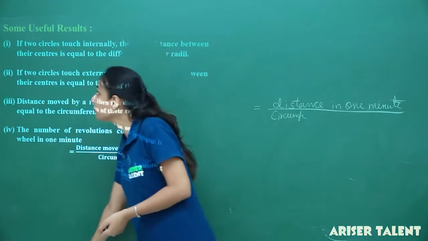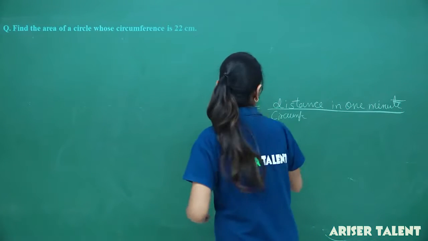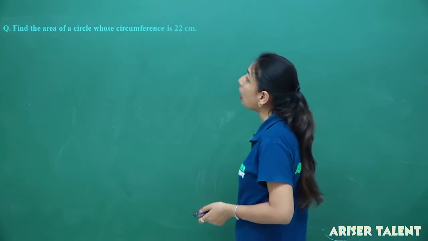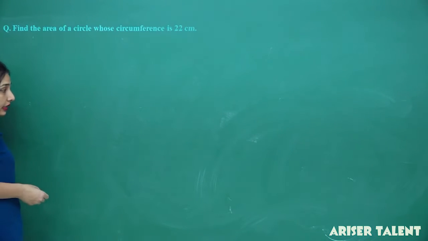Okay, so let's move forward. We have this question, which asks us to find the area of a circle whose circumference is 22 centimeters.